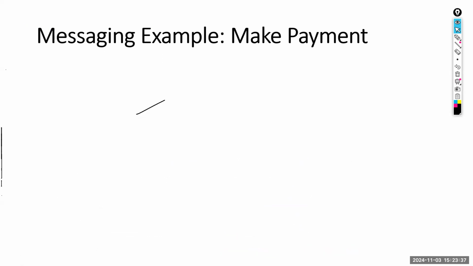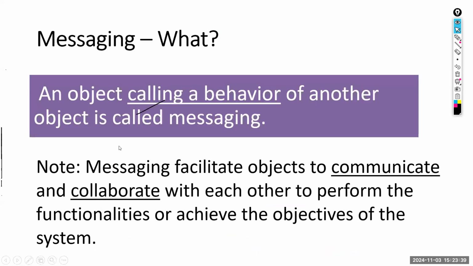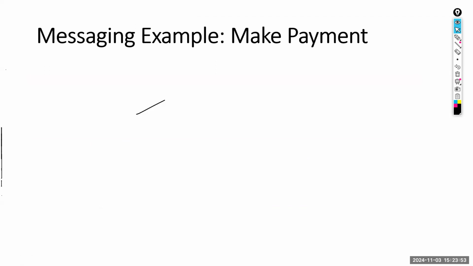Okay. Right. So then messaging means one object calling behaviors of another object, or your main method calling behaviors of another object, because the main method, it's not an object. Okay. And maybe that object can call a behavior of another object and so on. So that is how an object-oriented system works.